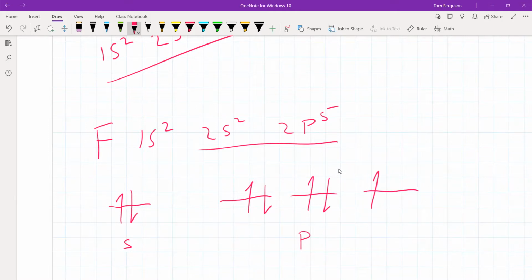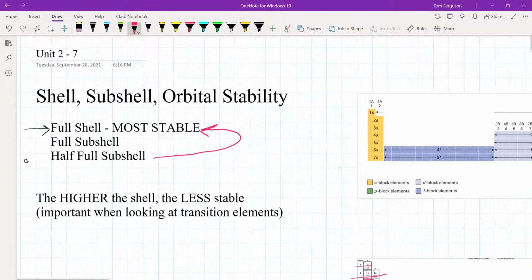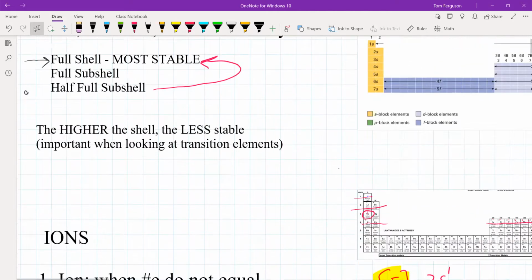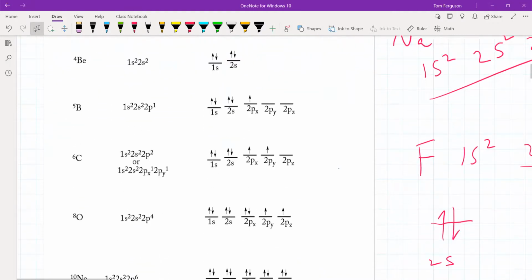The problem with fluorine is it's not particularly in this list up here. It's not full shell, it's not a full subshell, it's not a half full subshell. It's kind of blah. And again, it's not particularly symmetrical because of how nature is.